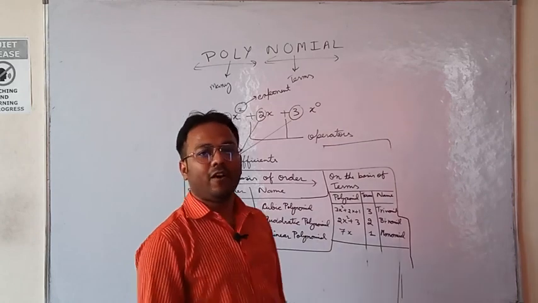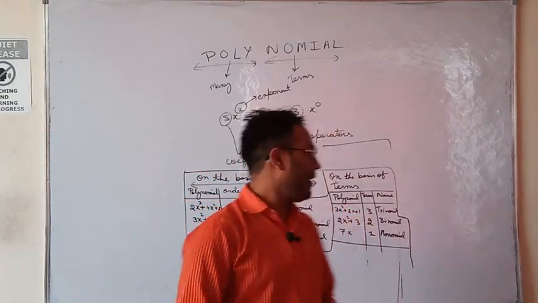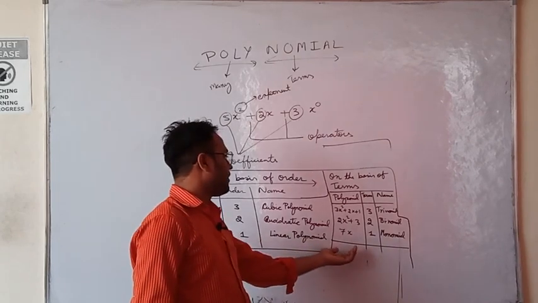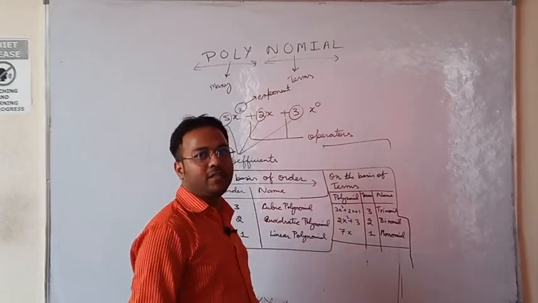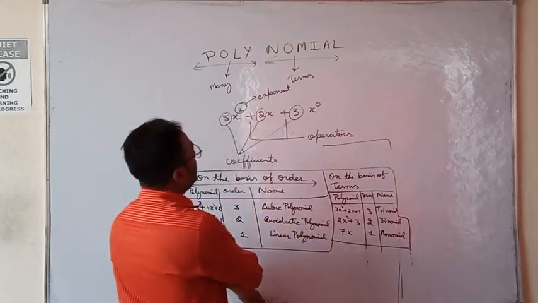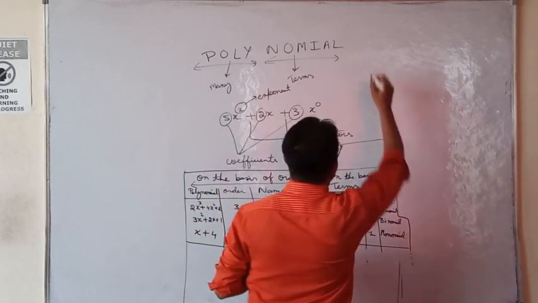Now, another way of naming the polynomial is on the basis of variable. Now I would like to tell you how to do the naming on the basis of the variable.